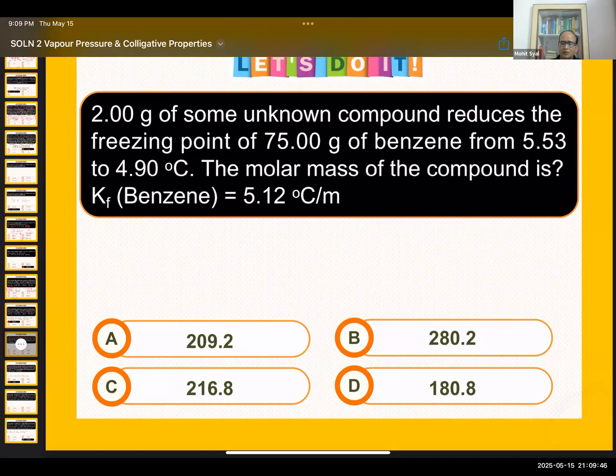Okay, 2 gram of some unknown compound. So normally, how we find the molar mass, we measure that compound and put that measured quantity, but we don't know how many moles we put because we don't know what the molar mass is. So the most we can assume is 2 by M, where molar mass is M, and benzene is 75 grams, so 75 by 1000.